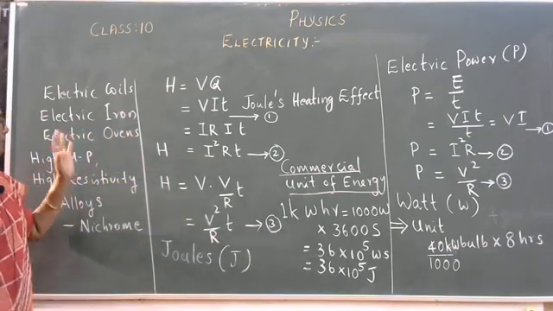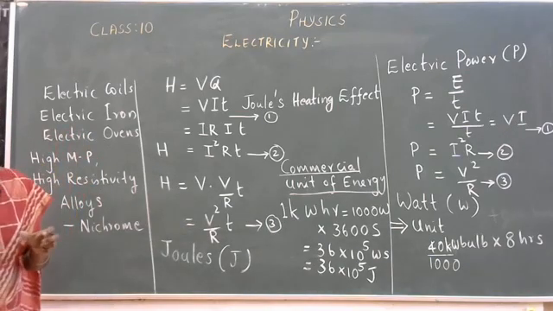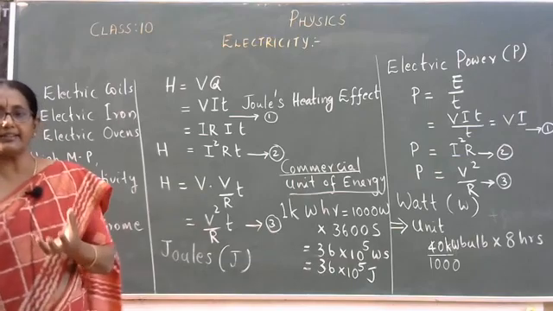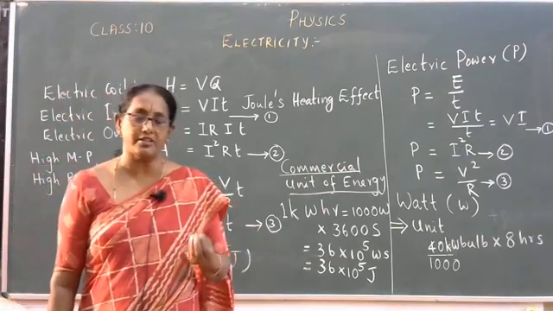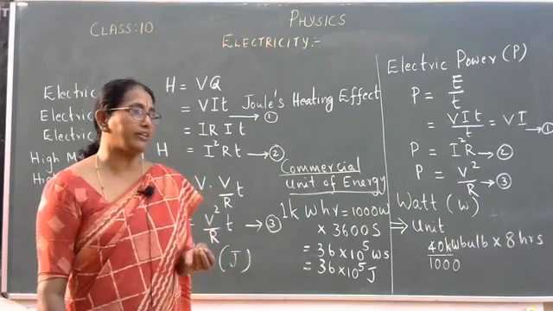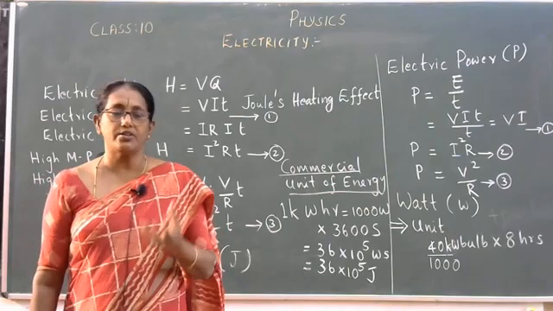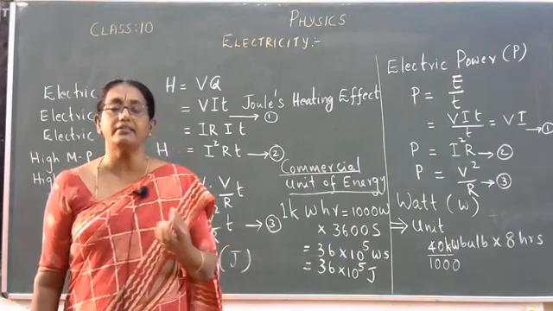So how can we make use of that? What is the principle of the electric bulb? In the case of an electric bulb, the bulb has a small hair-like filament, and all of you might have heard about the element tungsten. Tungsten has a special property, it can be made very thin.